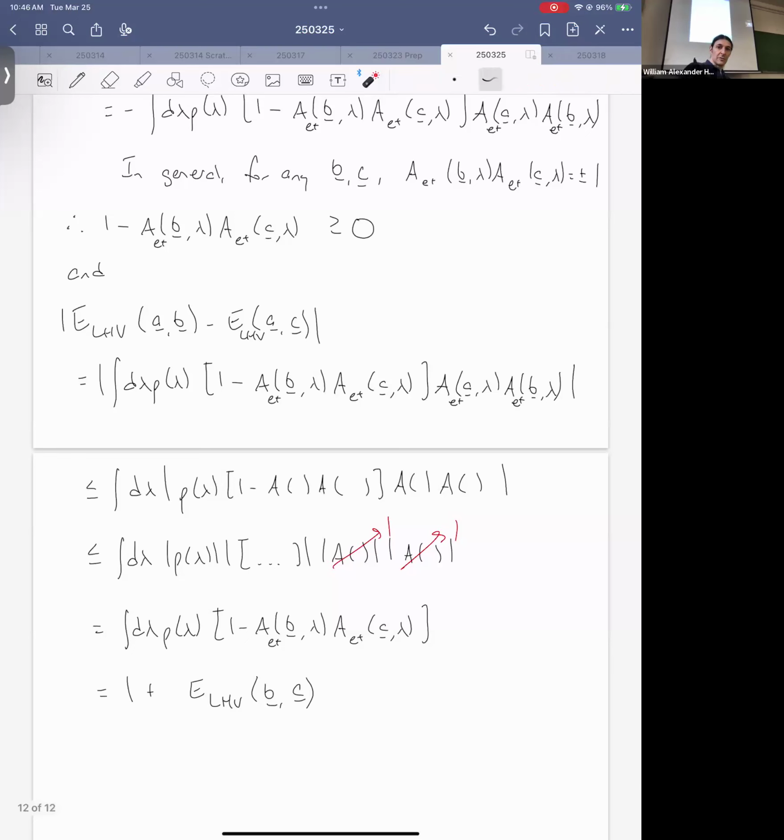So the key result is that the absolute value of the expectation value in the local hidden variable theory for the a direction, b direction minus a direction, c direction is always less than or equal to 1 plus the expectation value of the b direction, c direction.